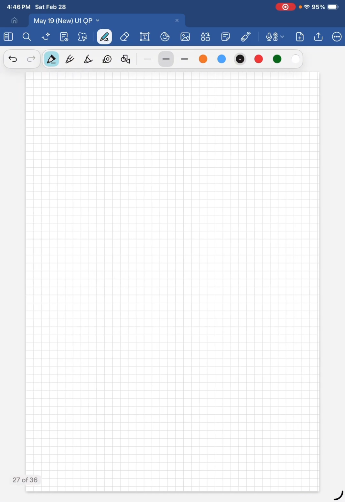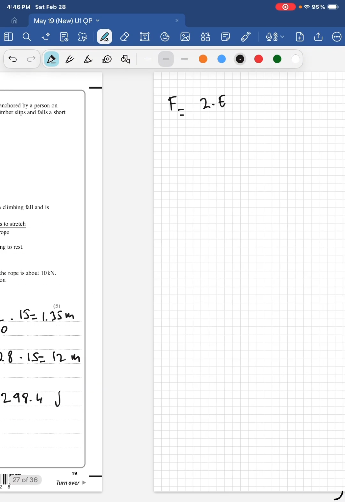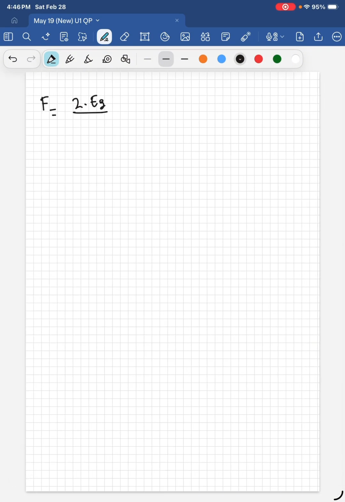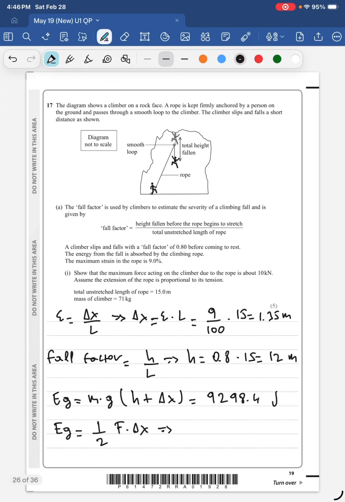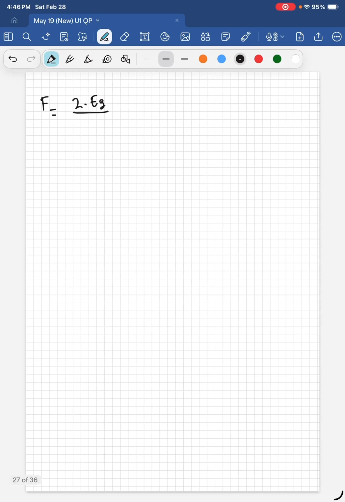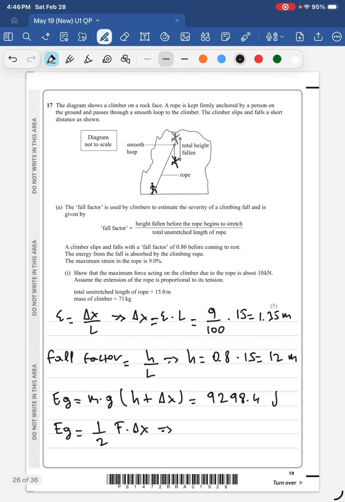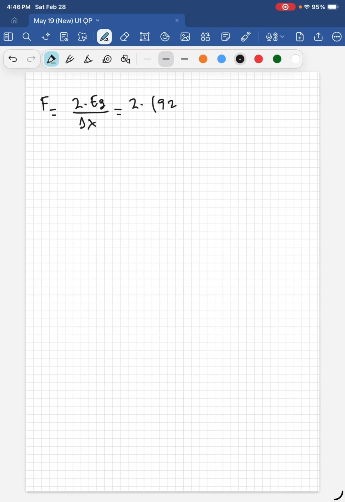So F is 2 times E gravity over delta x, or 2 times 9,298.4 over 1.35.